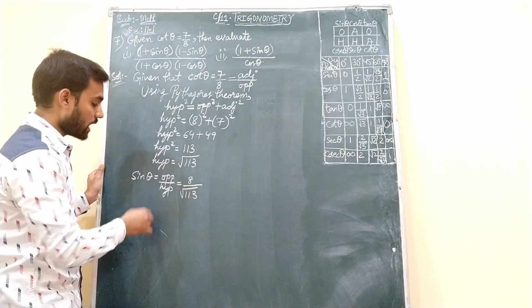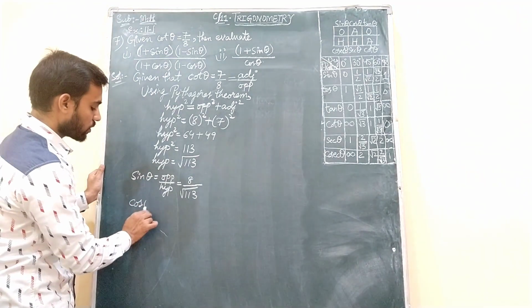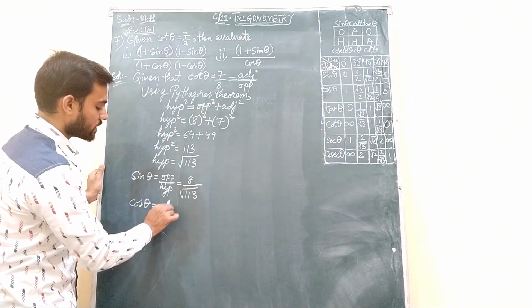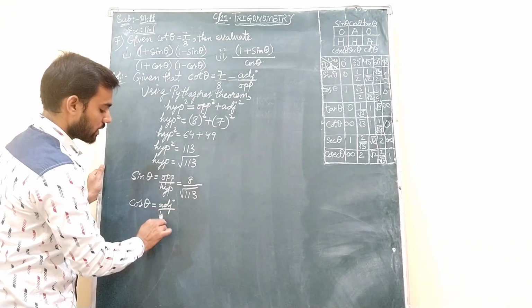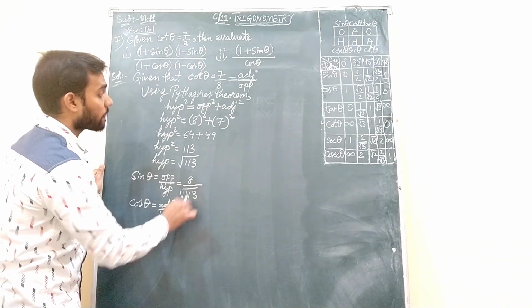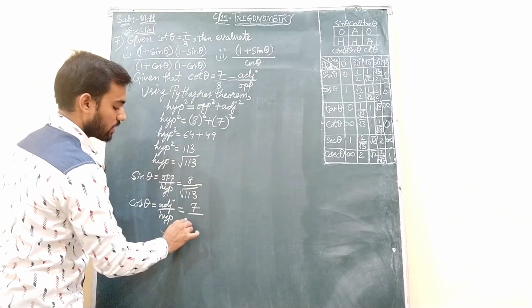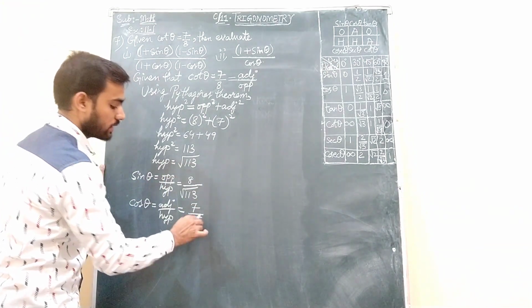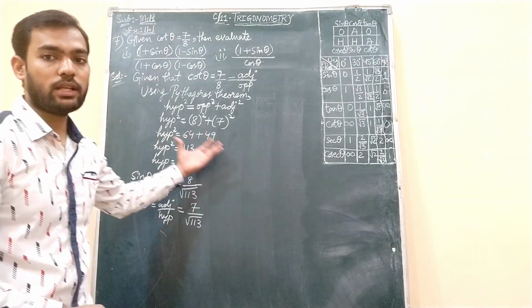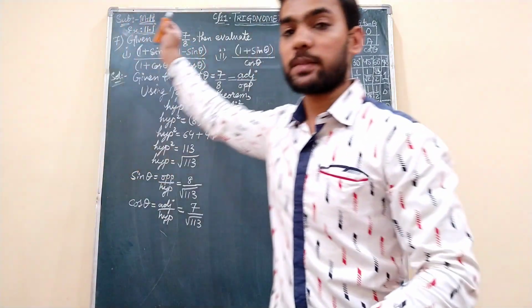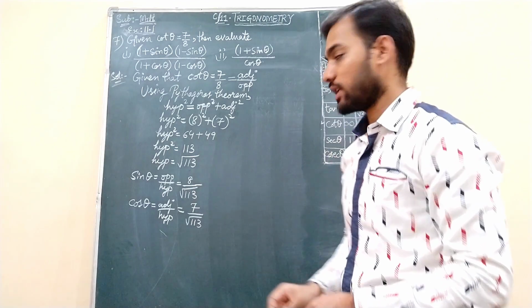Also cos theta we require. Cos theta is adjacent by hypotenuse. Adjacent is 7 and hypotenuse is under root 113. We got both the values. Now we will go for simplifying the expressions whose value we have to find.